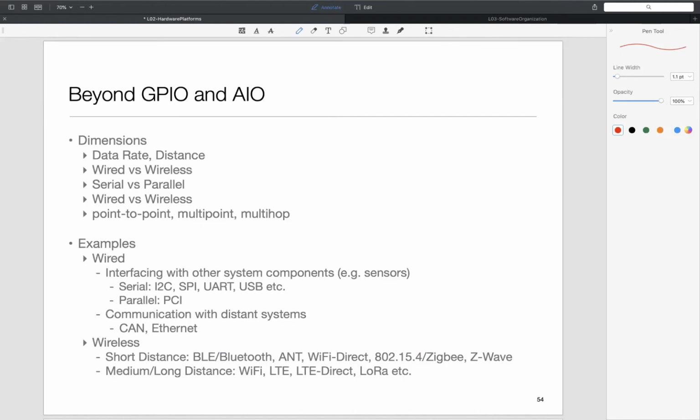So, other things when we are conveying information. You may have to send information to a peripheral or to another device. Then additional considerations come into play: what data rate, what distance, do you need to go wireless or wired, how many wires can you carry.